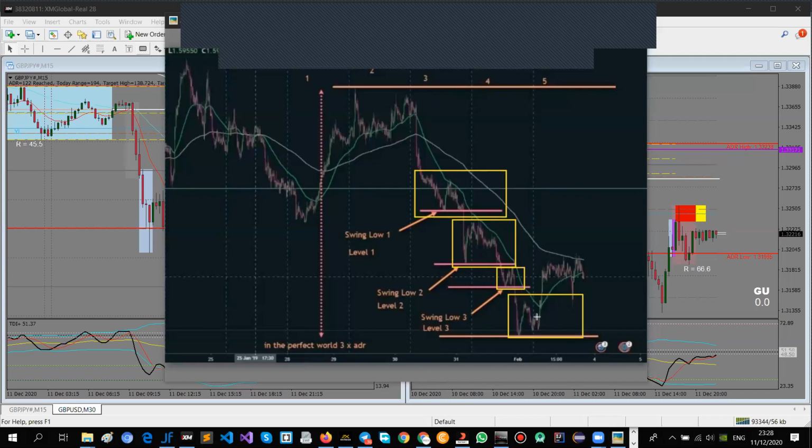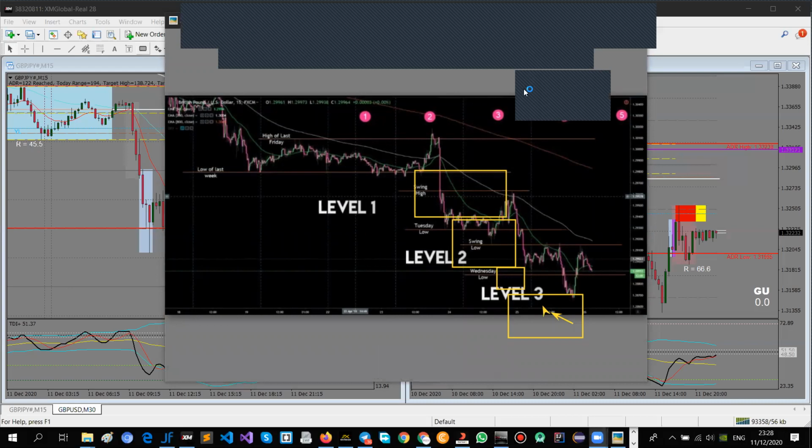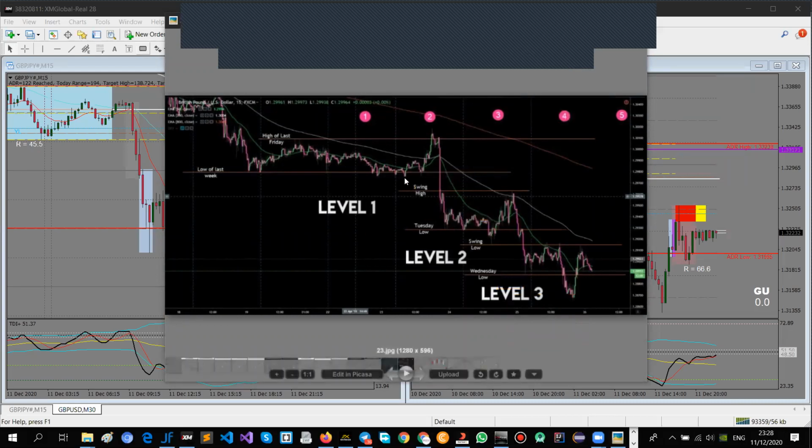How do we see that peak formation low? There would be a 1350 crossover there. So that's the other way of counting levels using swing lows.